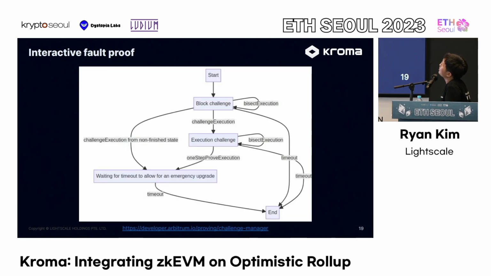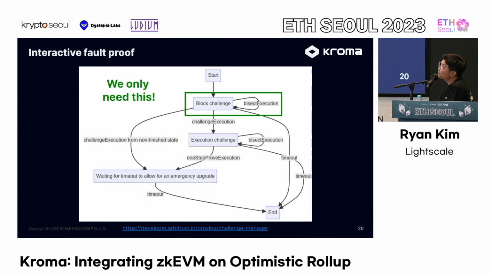In a typical optimistic Rollup, there are two levels of interaction. One is block level interaction, and the other is instruction level interaction. In the case of Kroma, we eliminate the instruction level interaction because all we need is just the block hash, the transaction, and the previous state.